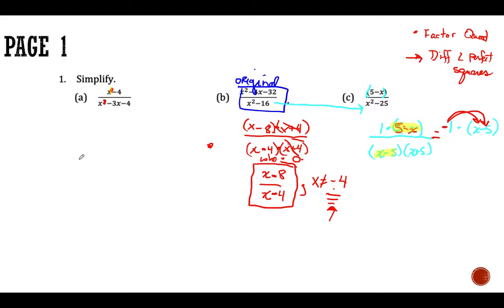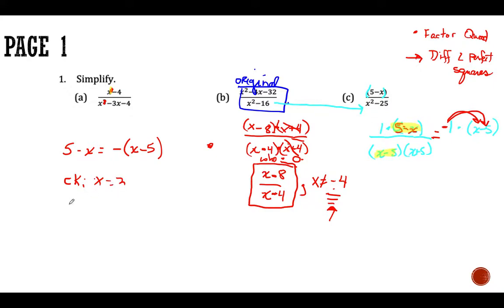And if I've lost you, let me go over into this workspace. My claim is that 5 minus x is the same as take the negative out front, turn the x positive, and the 5 negative. Check me out. Check to see if I'm right. Plug in, I don't know, 2.